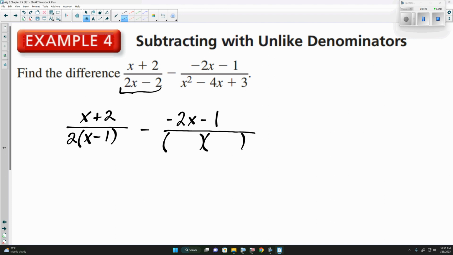Our other denominator, x squared minus 4x plus 3, will factor. Since the 3 is positive, our signs are the same and match the sign of the middle term, which should be negative and negative. Factors of x squared are x and x. And our factors of 3 are 1 and 3.